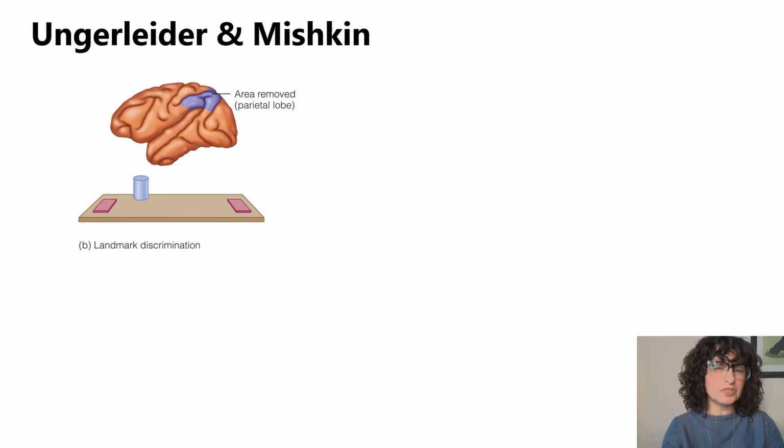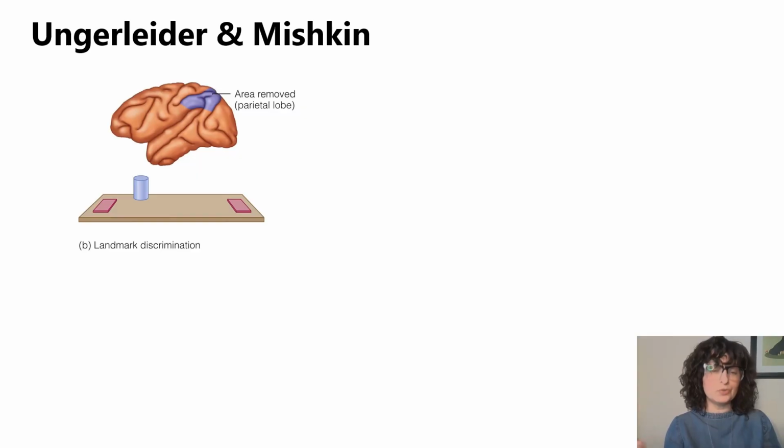Ungerleider and Mishkin were the first researchers to explore this distinction. They used ablation in monkeys to determine the distinct deficits that result from damage to the parietal cortex and the temporal cortex. So they created one group of monkeys that had parts of their parietal lobe removed and another group that had parts of their temporal lobe removed.